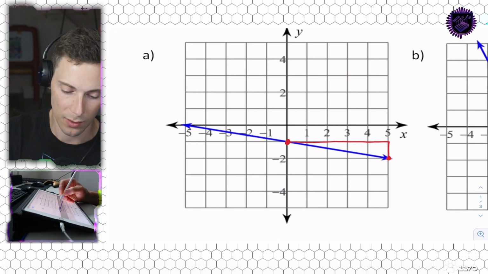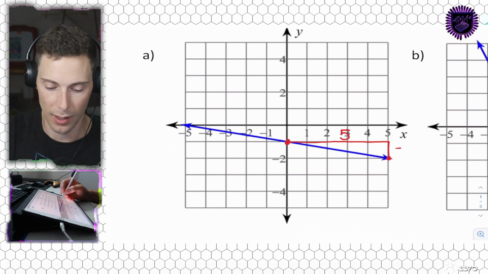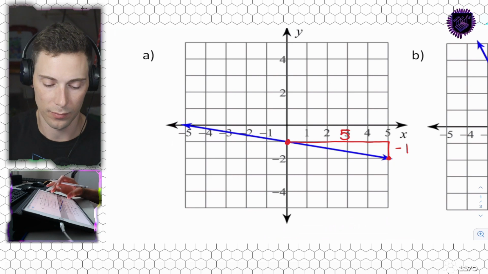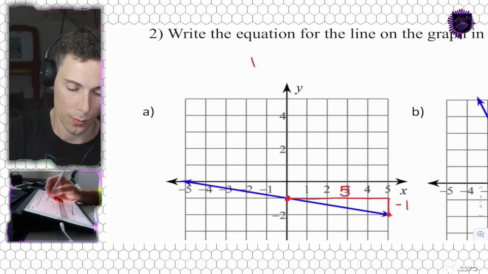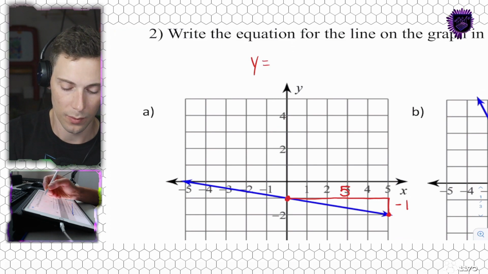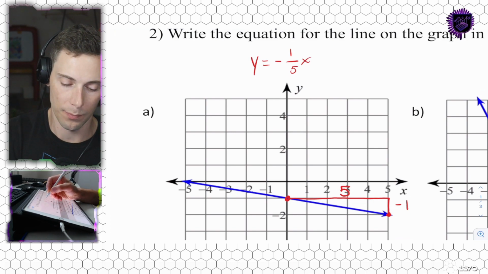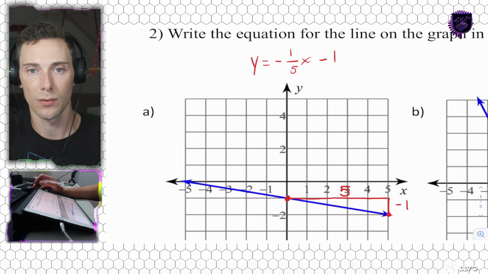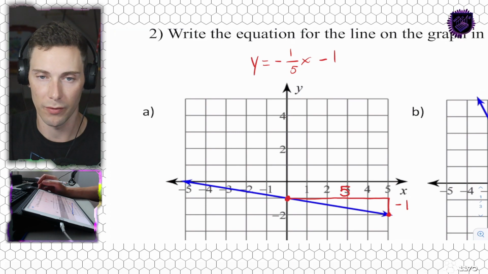Our run is 5, and our rise is -1. Rise over run. Okay, so y is equal to -1/5 x minus 1. That's our formula. 1 is the y-intercept, and -1/5 is the slope.